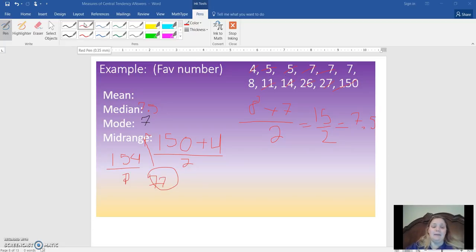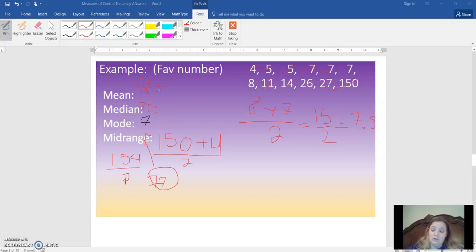All right, and then the mean. The mean is we add up all the numbers. So I have my calculator. 4 plus 5, and so on. All right, so I added them all up, 271, and divide by 12 numbers. 271 divided by 12, and I get 22.58.